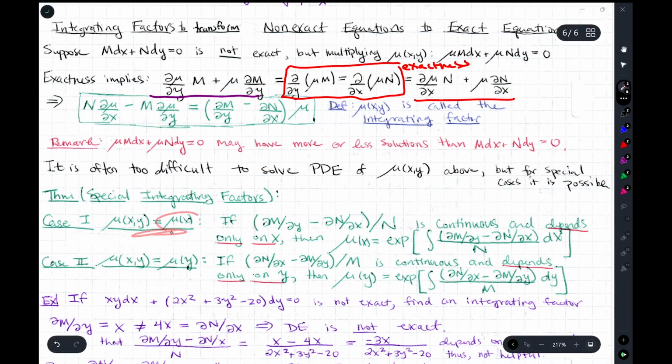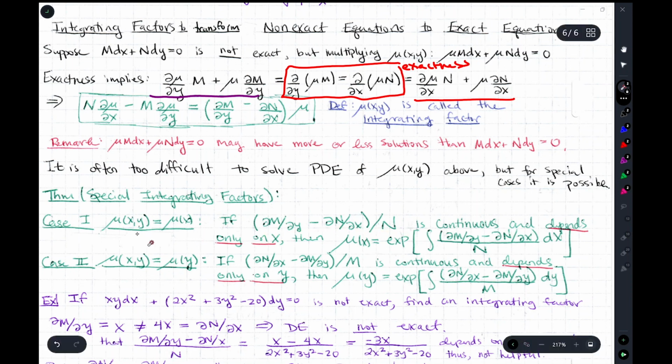One special case is that mu(x,y) is actually just a function of x, so that it only depends on x, okay? And if it only depends on x, then this expression here, partial M partial y minus partial N partial x, only depends on x.